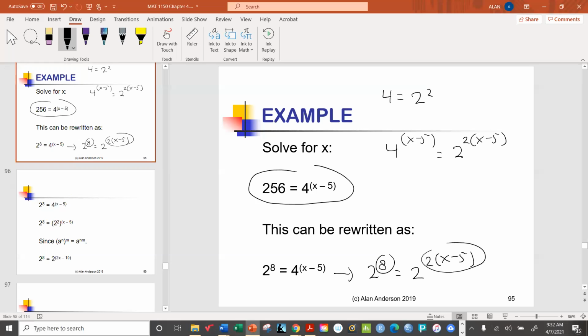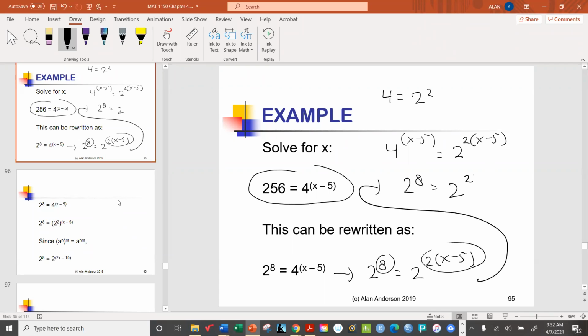Okay, and then of course now we have to solve for x. We're going to set 8 equal to 2 times x minus 5, which of course could also, if we want to, we can simplify this a little and write it as 2 to the 8th equals 2 to the 2x minus 5.